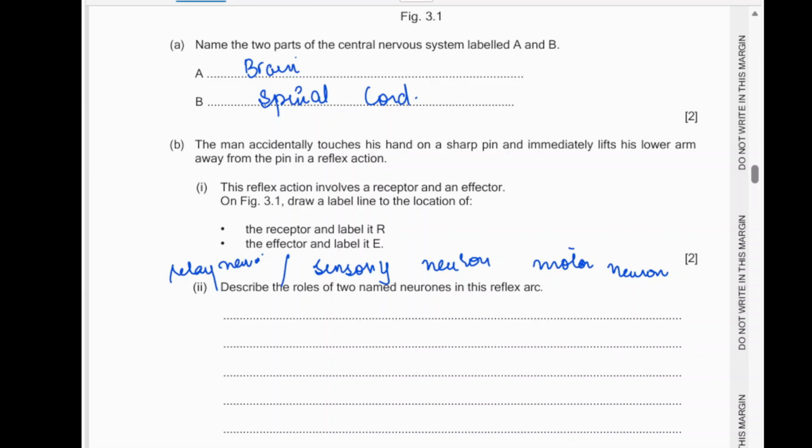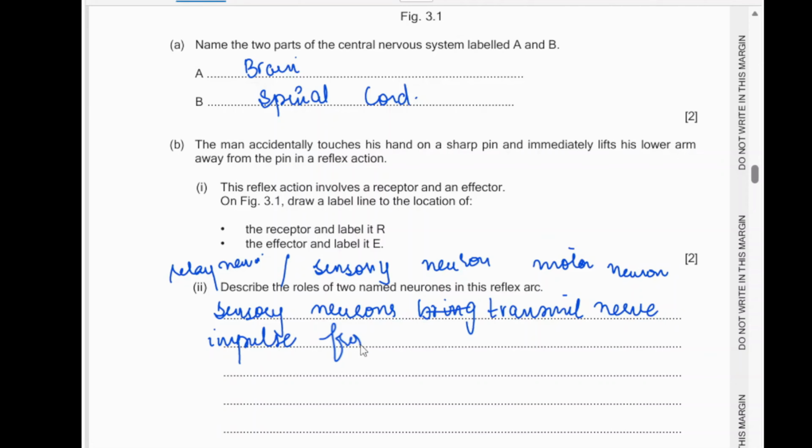They bring impulses. Correct. Transmit nerve impulse from receptor to the CNS.